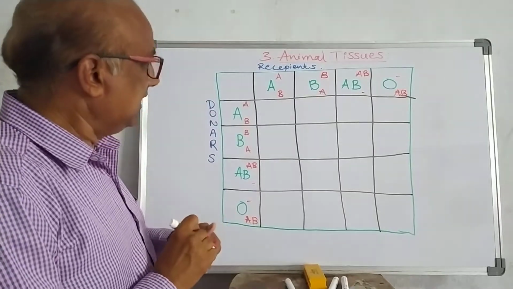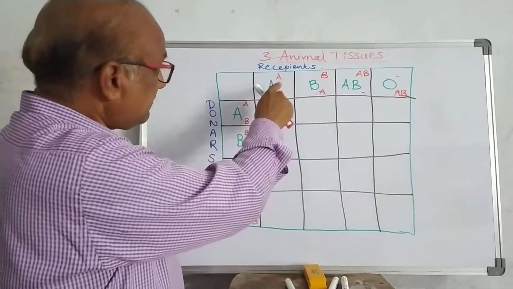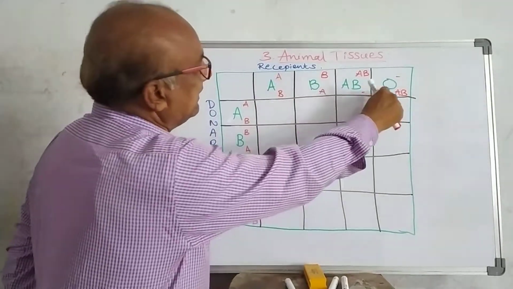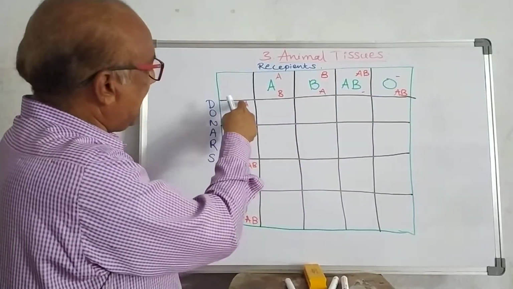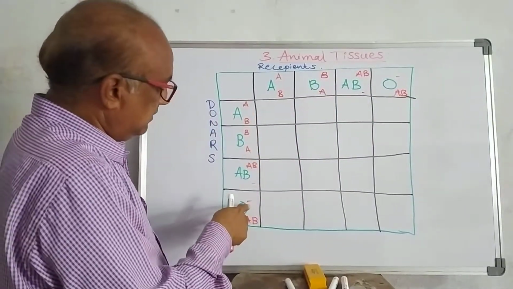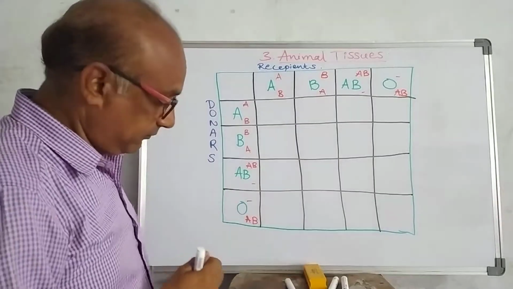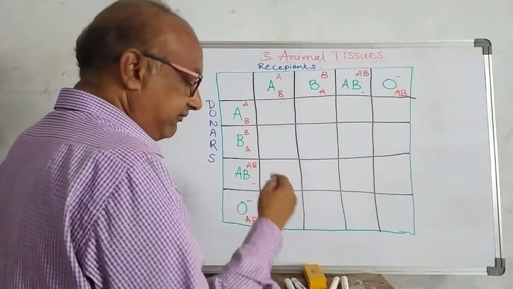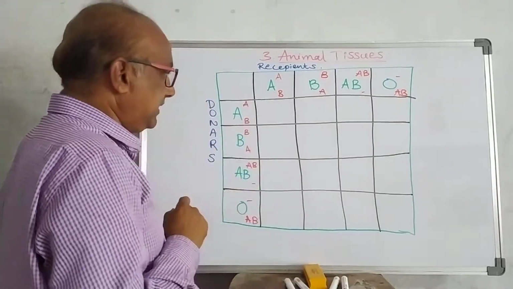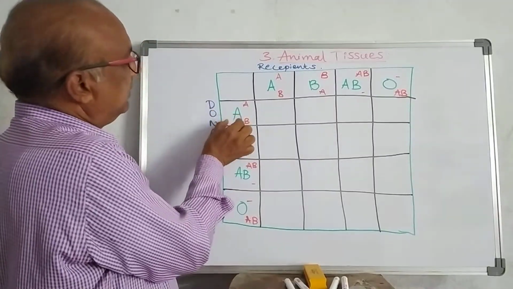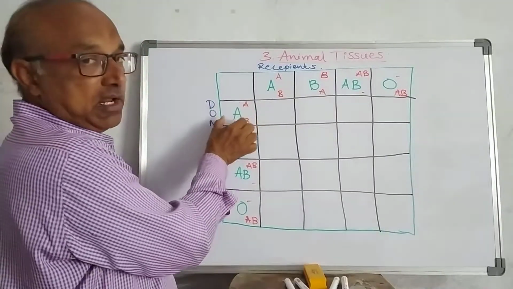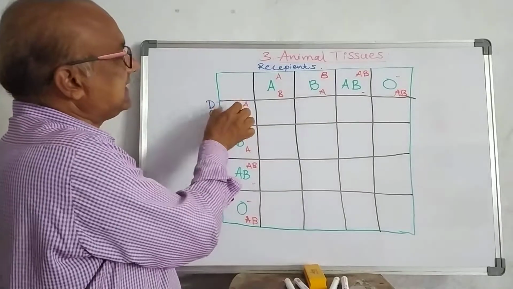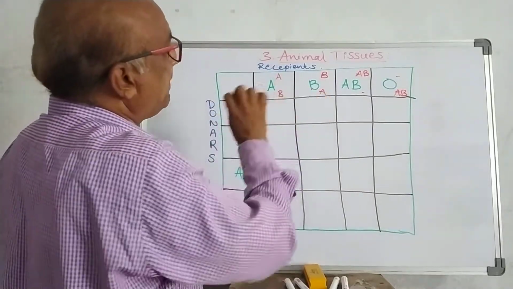Let us see the antibodies in the recipients and antigens in the donors. Okay, according to the information I told, once again I will repeat. For example, the A blood group donor is given to a B blood group person.